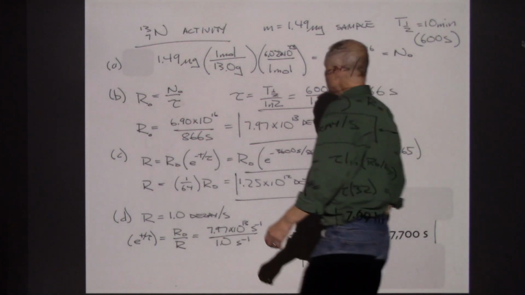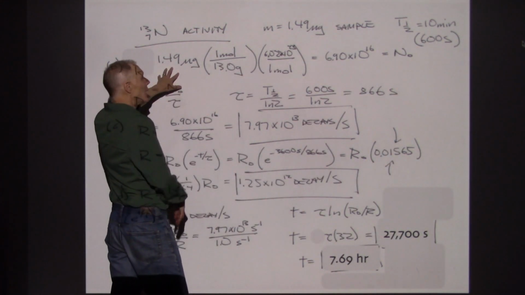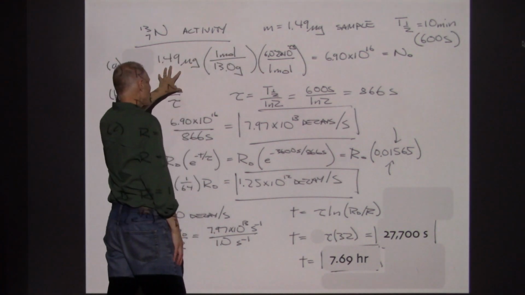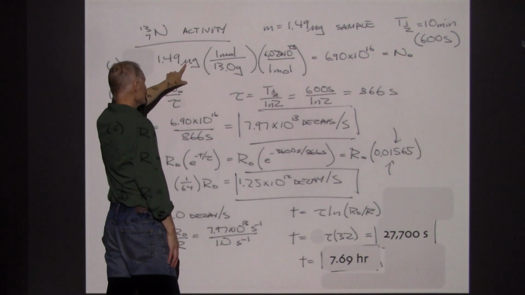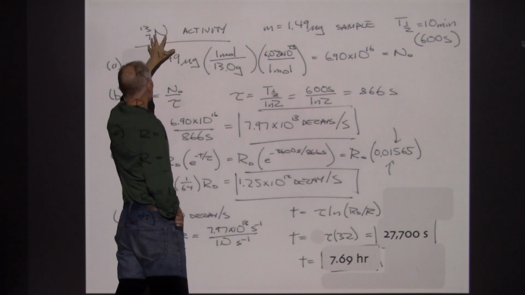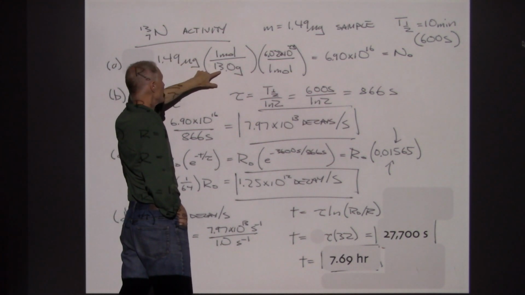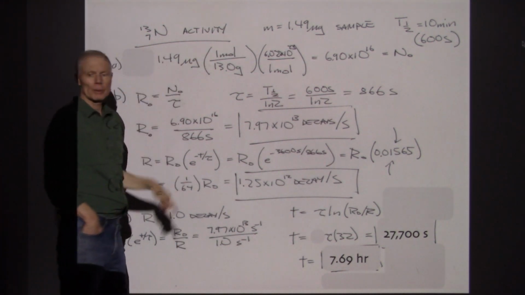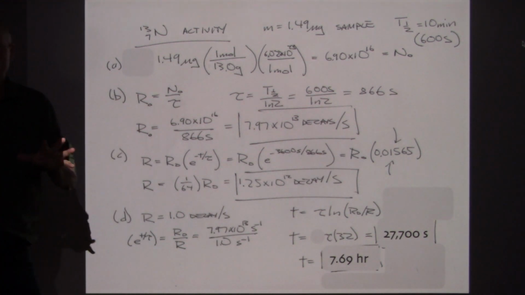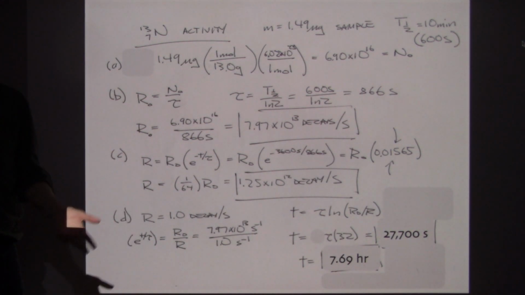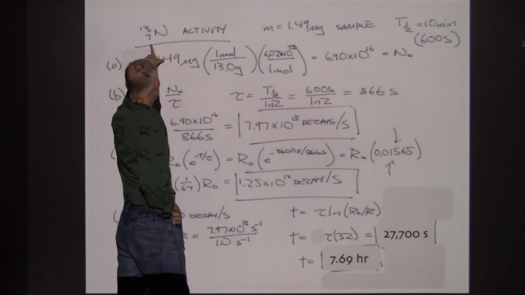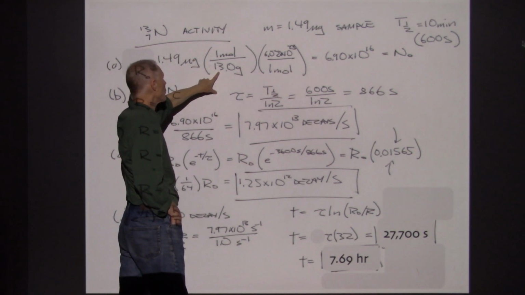So what we can do is start with a numbers calculation. It's 1.49 micrograms. That's 10^-6 grams. This is nitrogen-13, so the molar mass would be 13 grams per mole. Every isotope, to 3 significant figures, the molar mass just rounds to whatever the mass number is. So nitrogen-13 is going to round to 13.0.